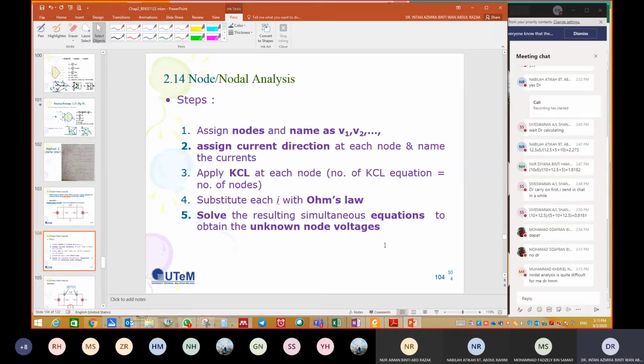If you assign many nodes, you will have many KCL equations. If you assign 2 nodes, you will have 2 equations. If you find that it has 4 nodes, then you will have 4 equations, to get 4 unknown voltages, V1, V2, V3, and V4. So the most important step is to find the nodes.